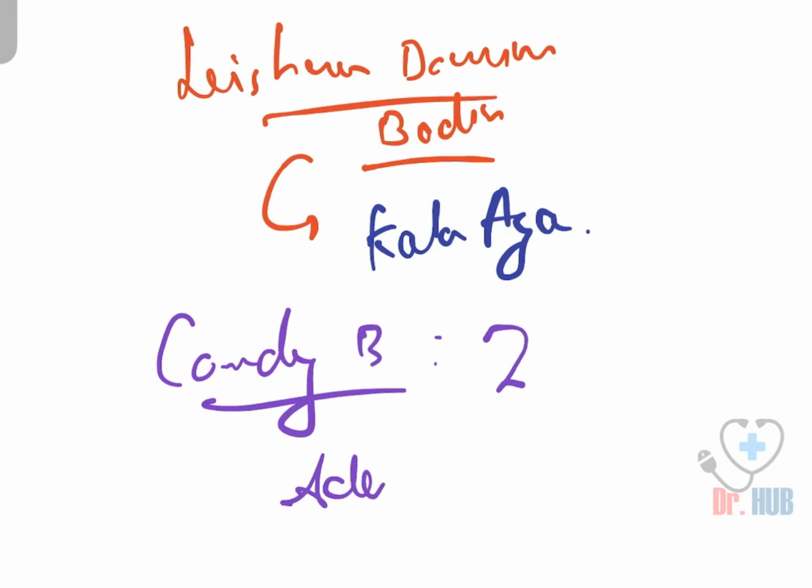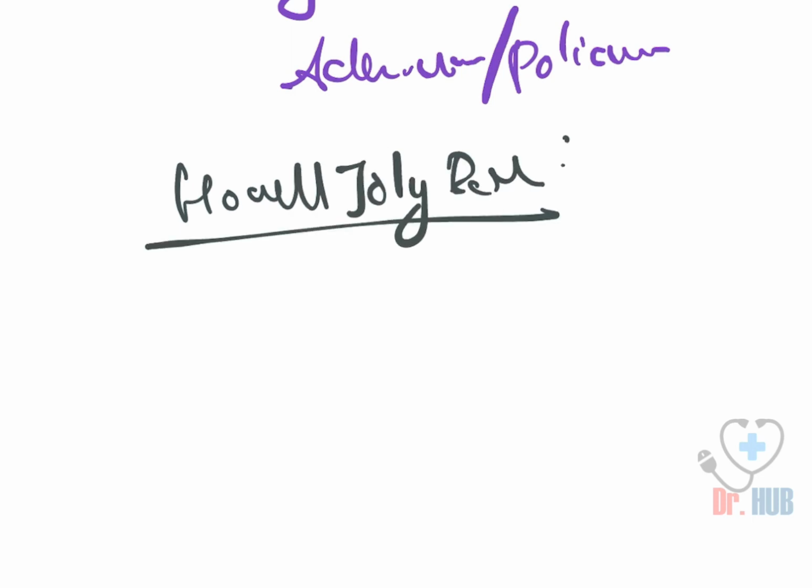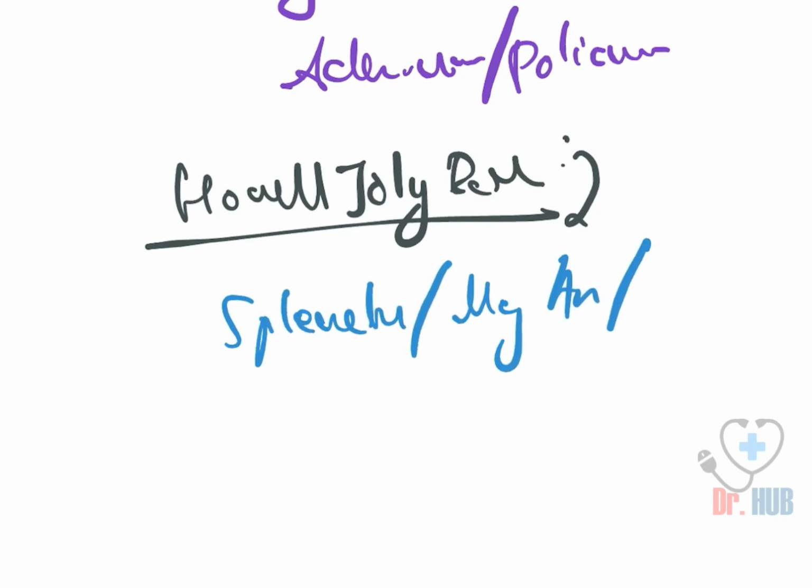This is seen in case of adenovirus as well as polio virus. The next question, lastly, was the Howell-Jolly bodies. The Howell-Jolly bodies are seen in case of splenectomy, megaloblastic anemia, as well as hemolytic anemia.